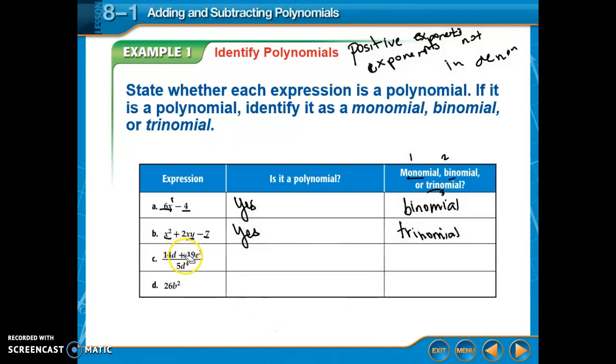Okay, this next one, because of that d to the 4th in the denominator, that's a variable in the denominator, that's not okay. So this one is no. That's the reason it's not, okay? And so you can't really say what this is, but it is a binomial.